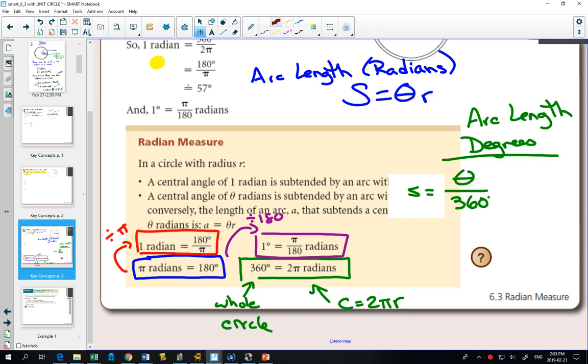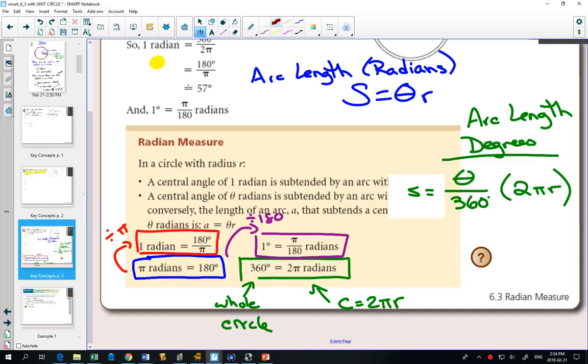Your arc length was whatever angle you have out of 360 multiplied by your circumference. Does that seem familiar from the activity we did yesterday? So if you had 180 degrees, that's half of your circumference, because 180 out of 360 is a half. If you had 90 degrees, that's a quarter of your circumference, because 90 out of 360 is 1/4.